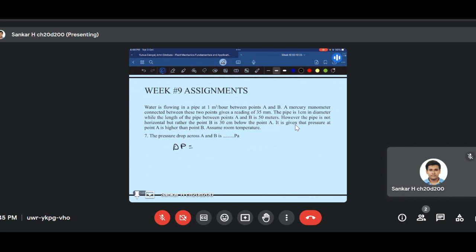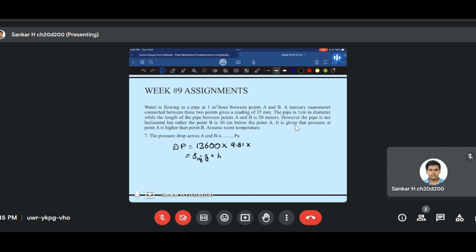That is in the manometric fluid limb, 13,600 times 9.81 times h. This pressure drop is calculated as rho g h, but a small difference is that it is the mercury being considered: rho times g times the manometric fluid reading h.